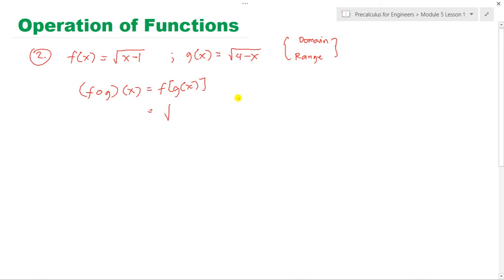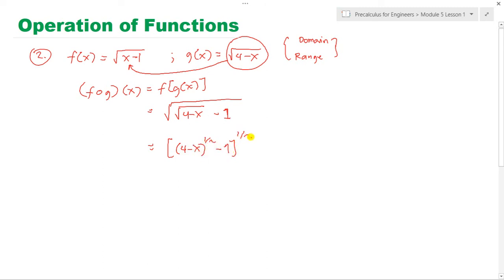Here we have square root of x. Since this is the entire g of x, we input this into the variable x of our function f. So this is square root of 4 minus x, minus 1.